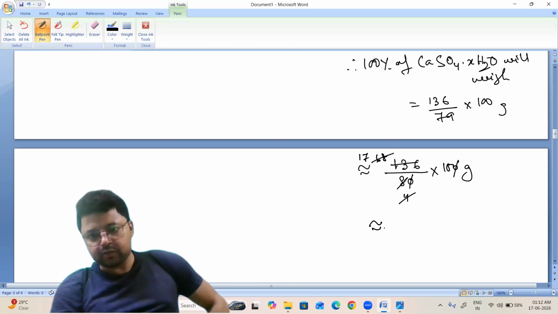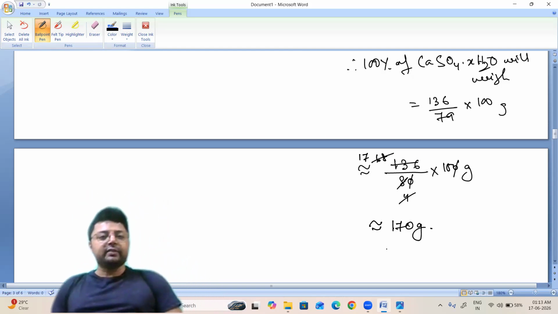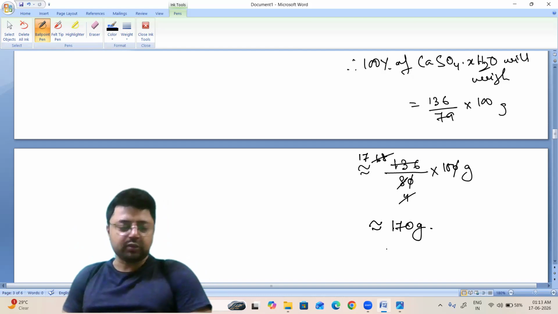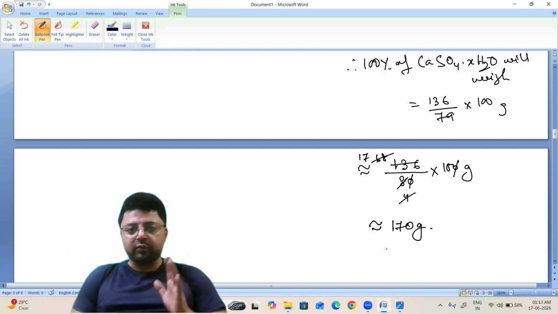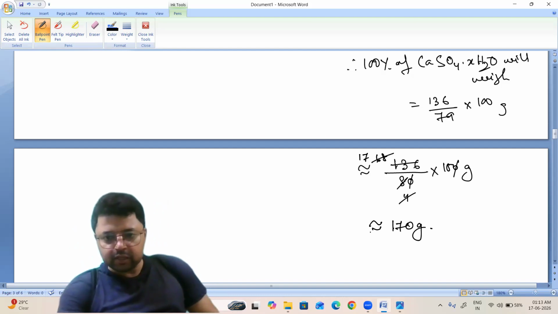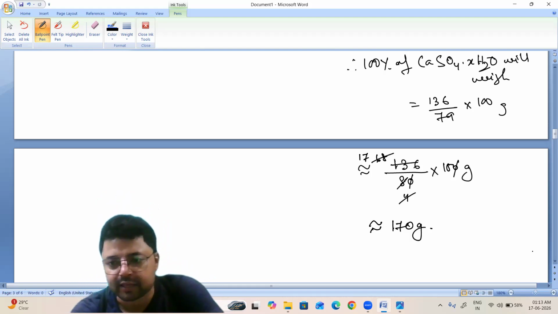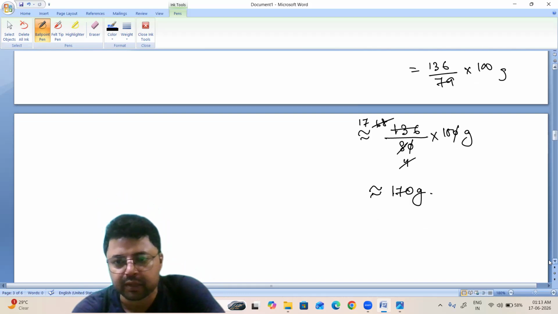So it will be 170 grams. Whenever you are doing this, you have to write approximately 170 grams. You do not have to go for the accurate one because you have already given the approximate sign.